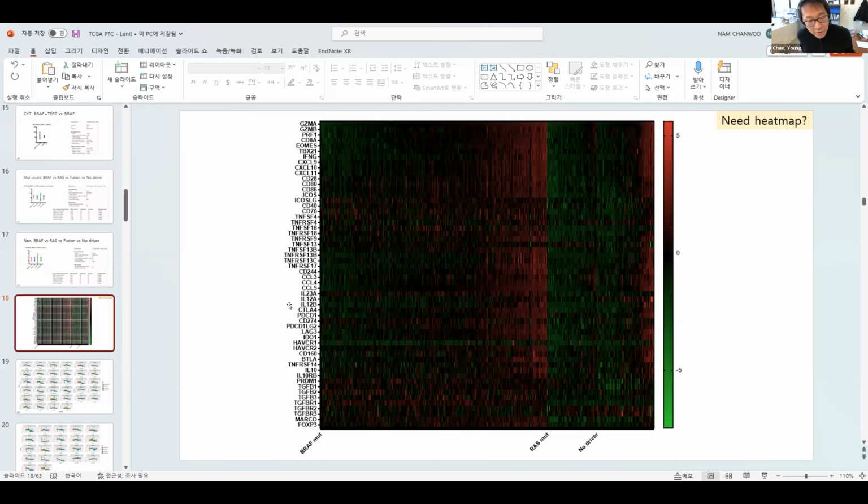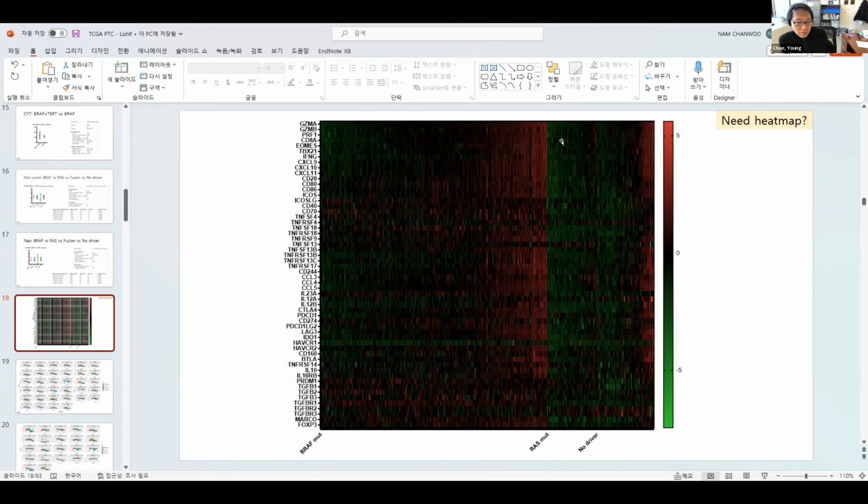And this is the mRNA expression, right? This is the mRNA expression. And let's say group A and B colors are different. So if you see here, on mRNA expression, this green side is negative, so it's less expressed. If you see RAS, both the suppressive and the inflammatory cytokines are less expressed compared to other groups.